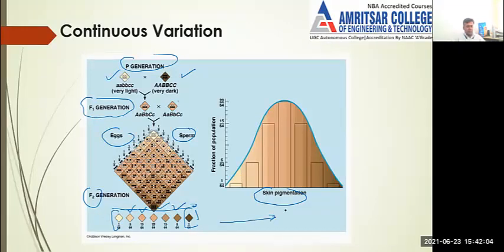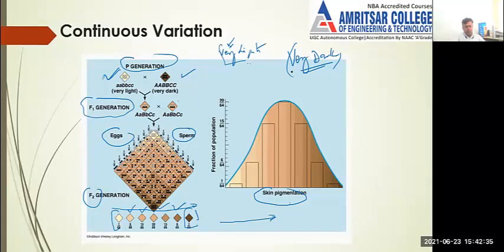Why is this a continuous variation? In the population there are two possibilities: very light and very dark. But you will not always get either very light or very dark. Getting the point? There are very few possibilities of getting very light or very dark, right?